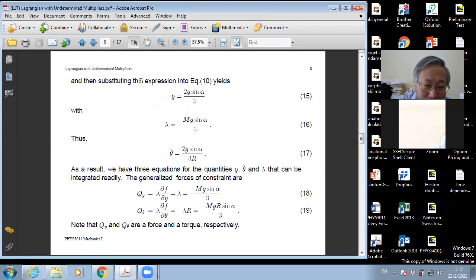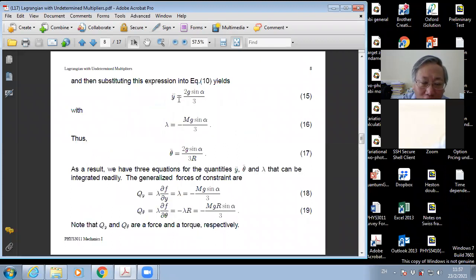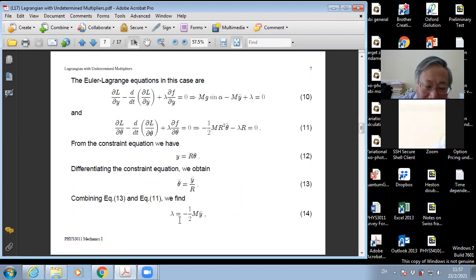And then substituting this expression into equation 10 here. We know lambda, we substitute it back here. Then we obtain an equation involving y double dot. Okay.